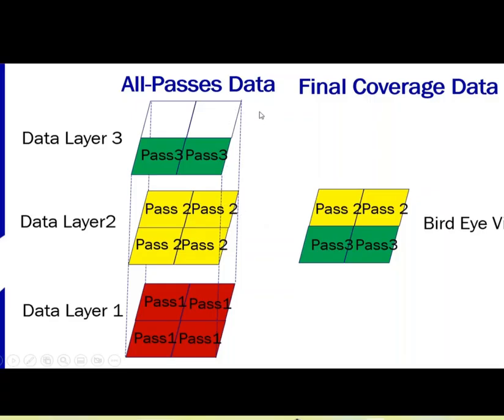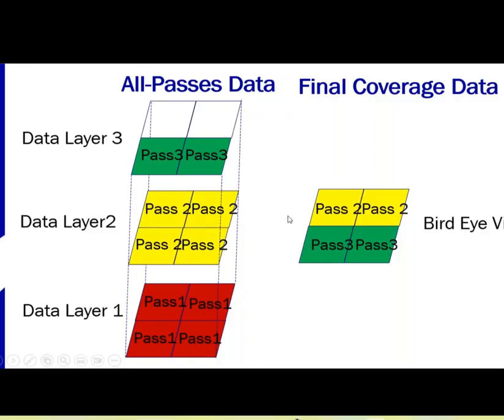Then the third pass missed the top 2 grids and only covered the 2 bottom grids. This is what we call the all passes data in Veta. It includes all the data, the so-called compaction history data, including everything.